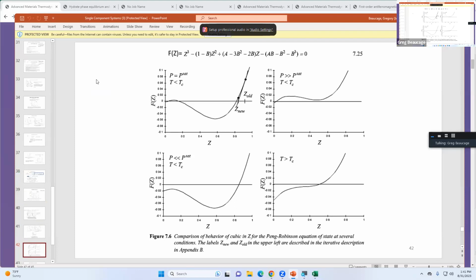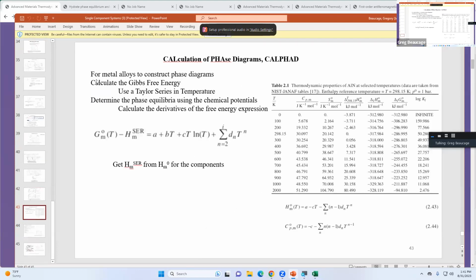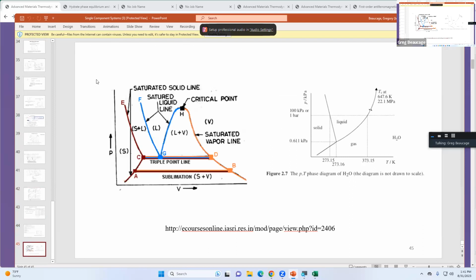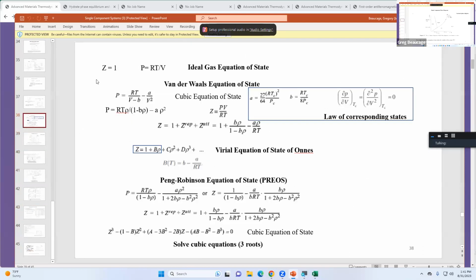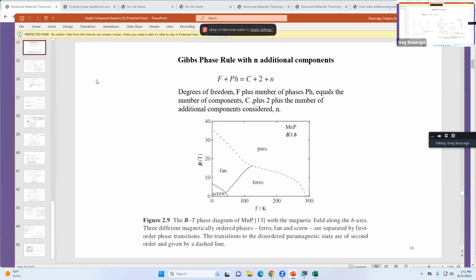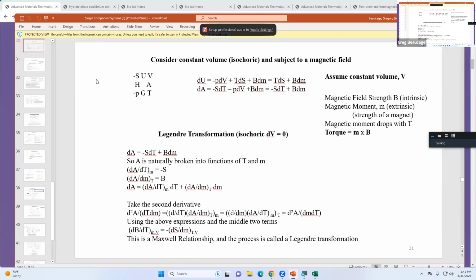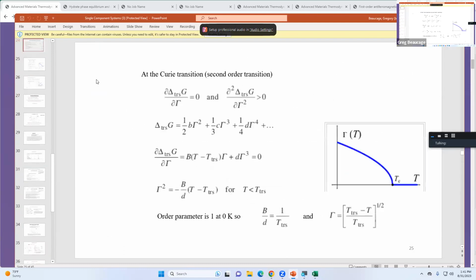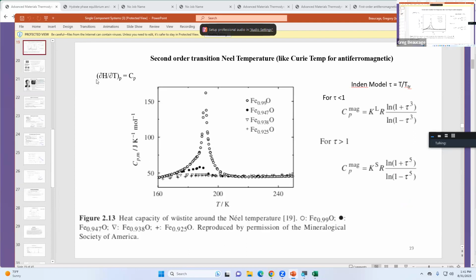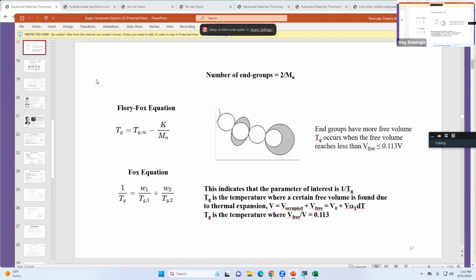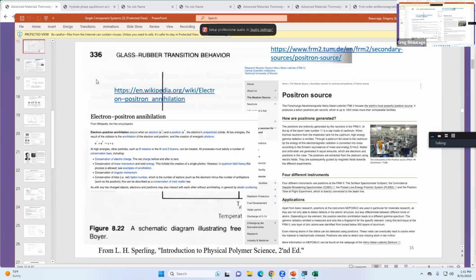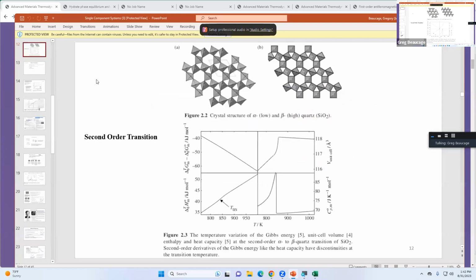Let's see, we've got about 10 minutes. CalPhad we can do later. We went through that already. I think we went through a lot of this stuff.